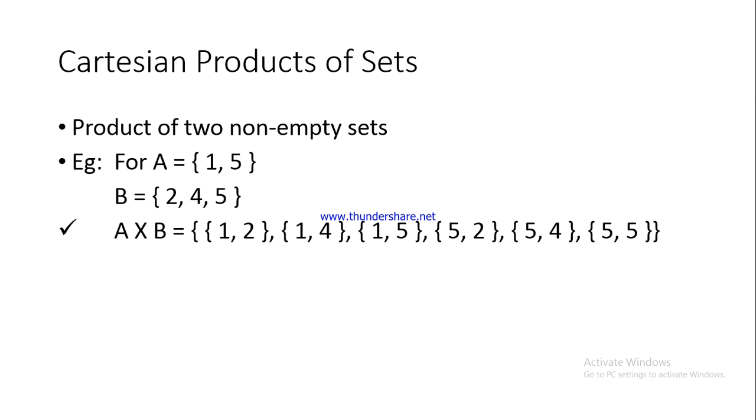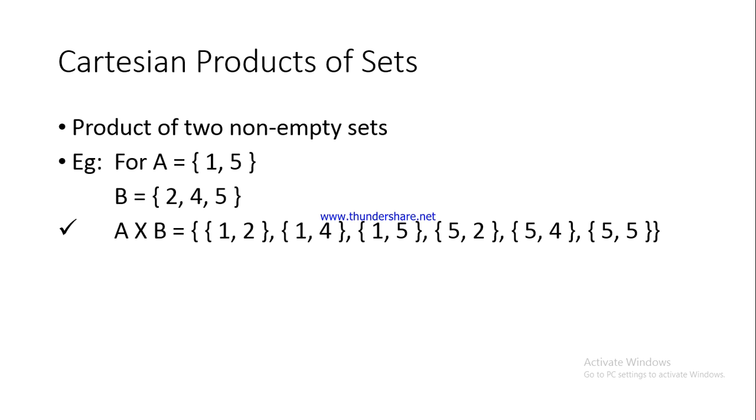So this is the Cartesian product of the two sets A and B, and we denote it by A into B. Now what would be the number of elements in the Cartesian product? It would basically be the product of elements in the two sets that you are multiplying.